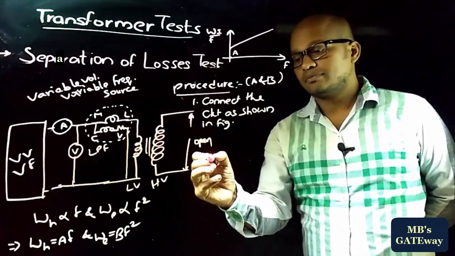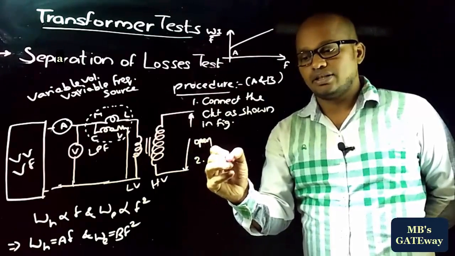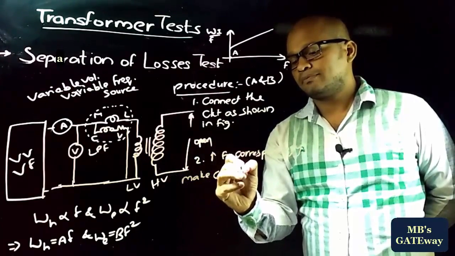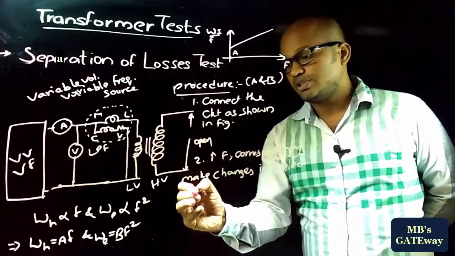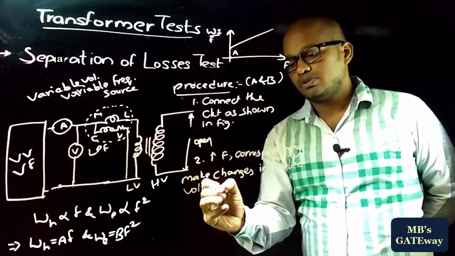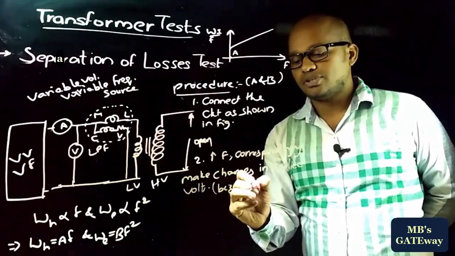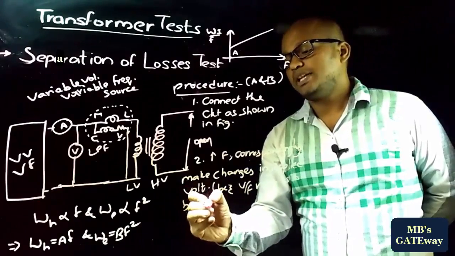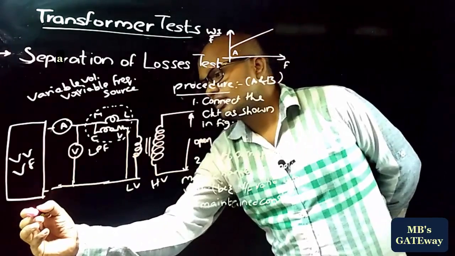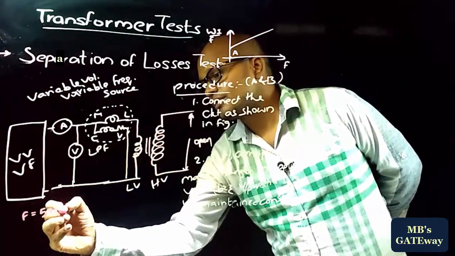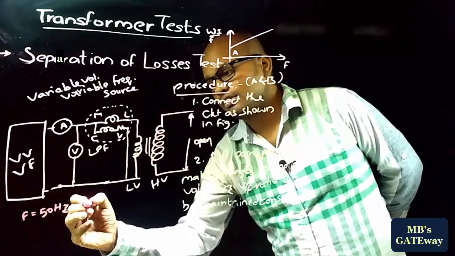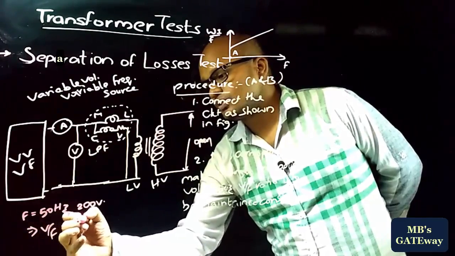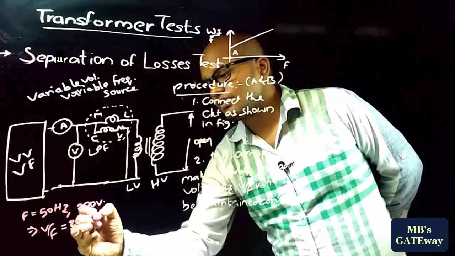Therefore the second step is to increase the frequency and correspondingly make changes in the applied voltage, because the V by F ratio is to be maintained constant. Suppose the initial frequency is 50 Hz and the input voltage is 200 volts, that implies the V by F ratio is 200 by 50, which is equal to 4.